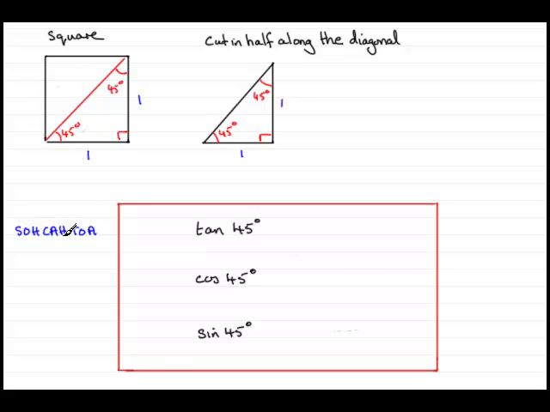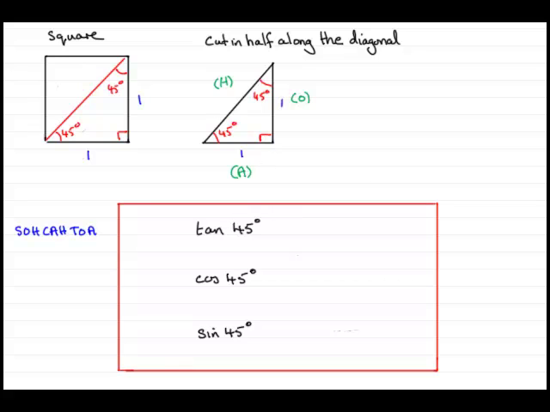So if I was finding the tangent or tan of 45 degrees, I'm going to need to compare the opposite side with the adjacent in this particular trig ratio. So if I take this triangle, which side is the opposite to 45 degrees? Well, if I concentrate on this 45 degrees, then this one over here would be the opposite side. The side opposite the right angle is often called the hypotenuse, so we'll label that as H. And the remaining side is the adjacent side.